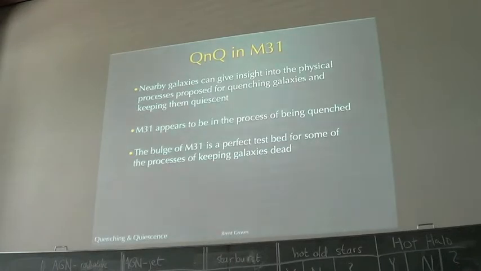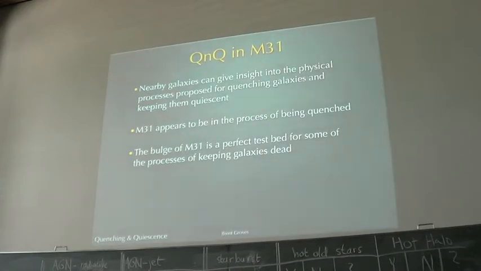So, quenching in quiescence. Nearby galaxies can give us insights into these processes. The physics of these things has to be resolved, and nearby galaxies are a way to do it. M31 is in between the quiescent galaxies and the star-forming galaxies. Is it being quenched?